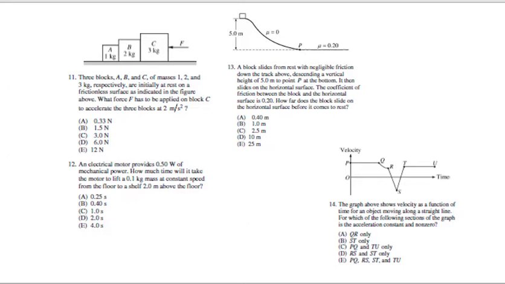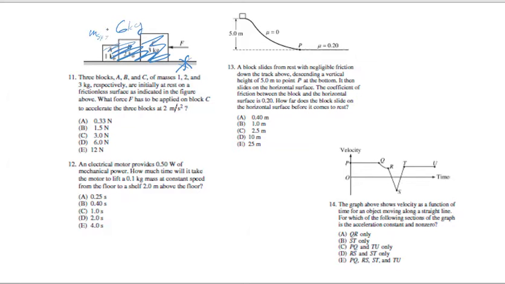11. I messed this one up earlier because I can't add. 3 blocks, A, B, and C, of masses 1, 2, and 3 kilograms respectively, are on a frictionless surface, so no friction. As indicated by the figure above, what force F has to be applied to block C to accelerate the 3 blocks at 2 meters per second squared? Well, this is just one big thing that is 3 plus 2 plus 1, as I found out earlier, is 6 kilograms.